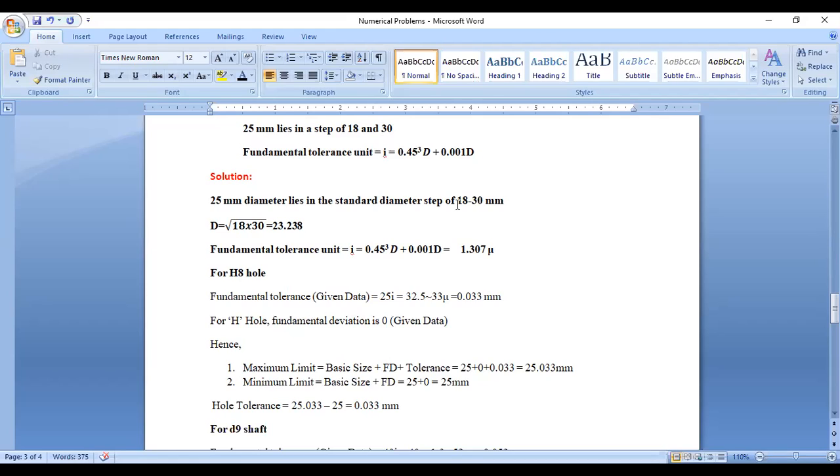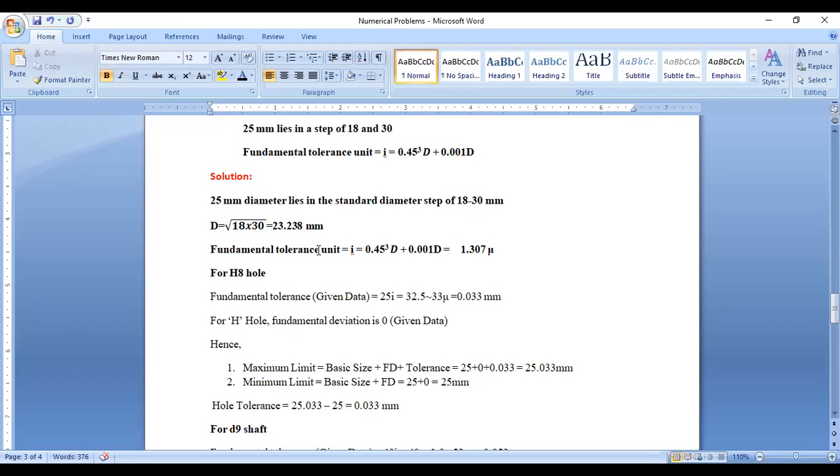The geometric mean of these two will be your value D, that is, the square root of 18 into 30 will give you the answer, and this will be in terms of mm, that you have to keep in your mind. Whatever value is coming here, it will be in mm.